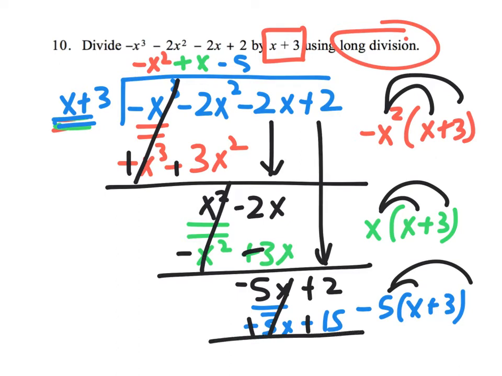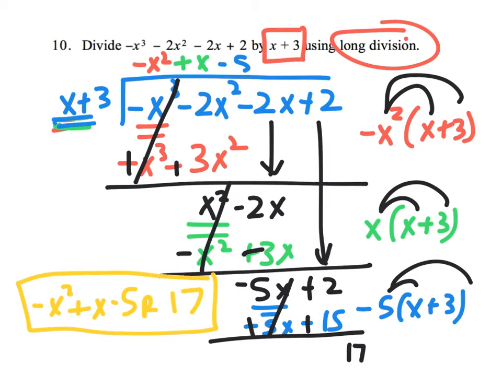My 5x's cancel. I'm left with 2 plus 15, which gives me a 17. So my final answer would be negative x squared plus x minus 5 with a remainder of 17. Again, if you use synthetic division, you should also get this answer.